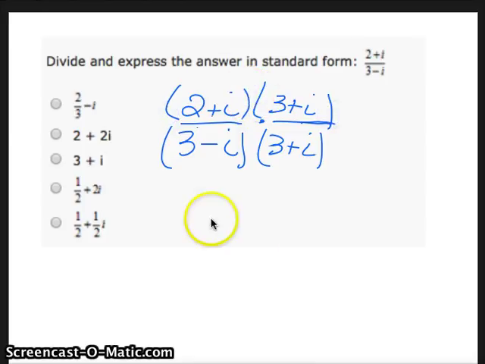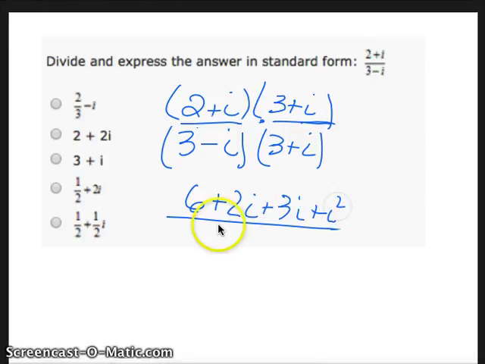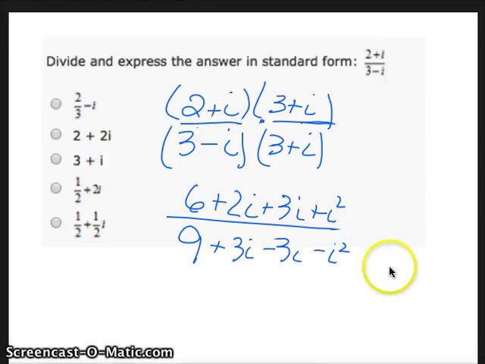Let's multiply the top. It would be 6 plus 2i plus 3i plus i squared. The bottom will be what? 9 plus 3i minus 3i minus i squared.